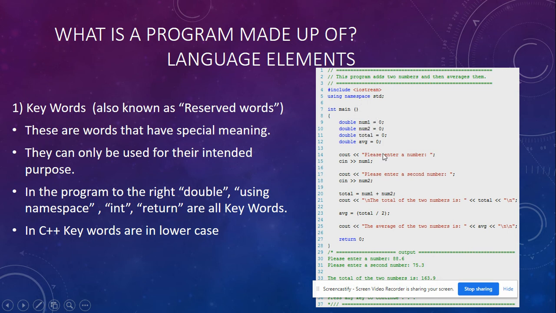Usually when you type in a reserved word, it'll turn into a color, usually blue. In C++, keywords are always in lowercase. In the program over here, double, using namespace, int, and return are all keywords.